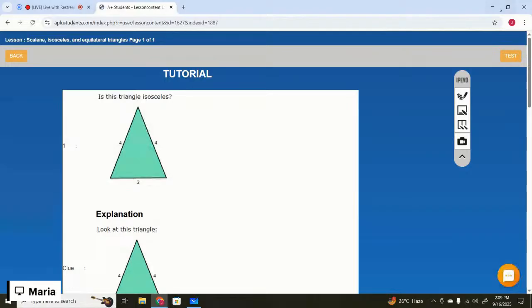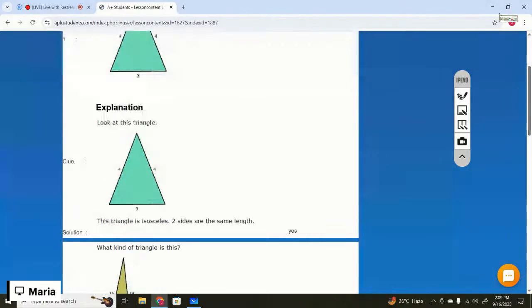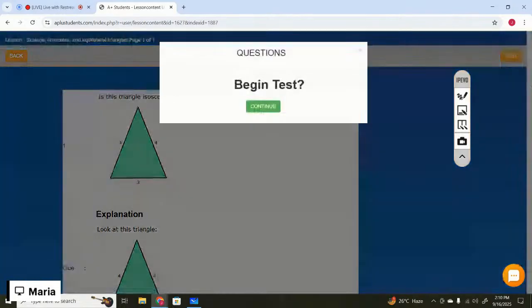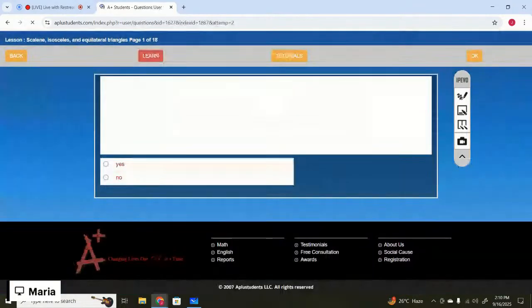Isosceles. Yes, two of the same length, so that is an isosceles triangle. Got it? Is this triangle scalene?